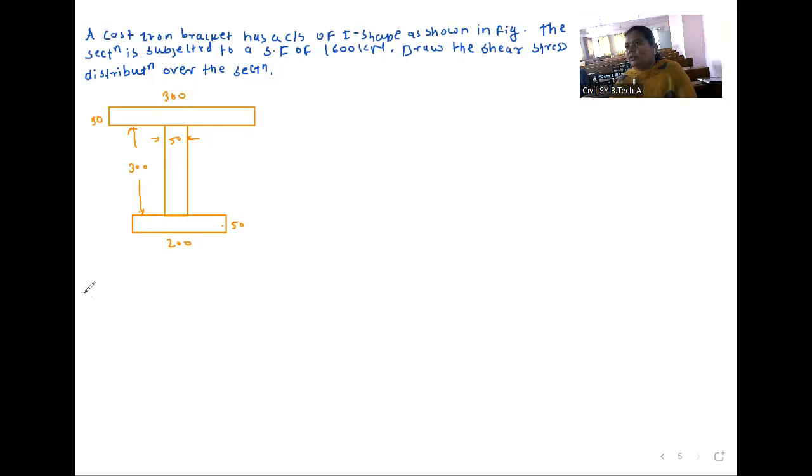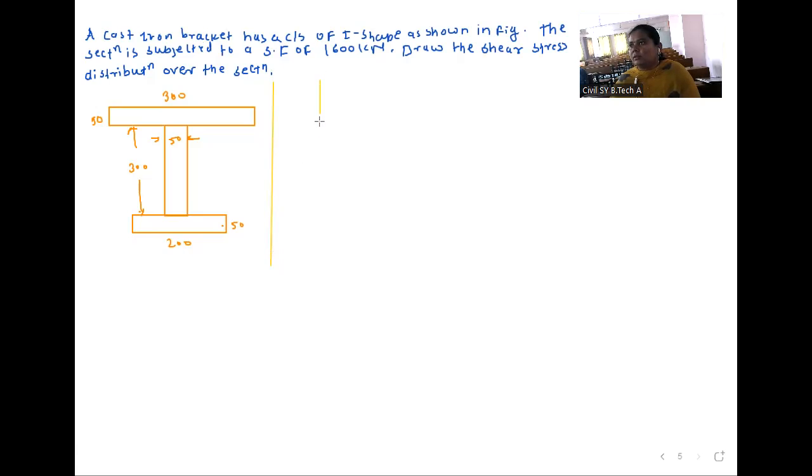So for this, first we have to prepare a table for finding out Ixx. So what is our table? We will mark the table first, then we will solve.